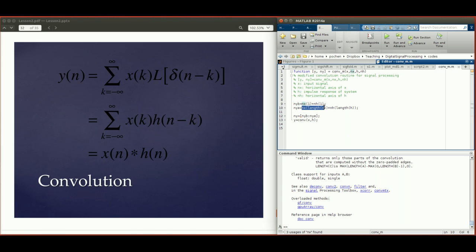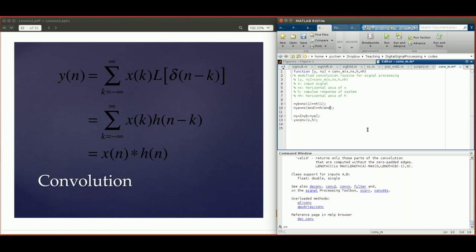And nye is what? You can see nx of length of x, that's basically the last element of nx. Sometimes you use end, right? You can change it to end. And nh of the last element inside of nh is basically the ending index of h, right? So you don't really have to use length of h to index into it.